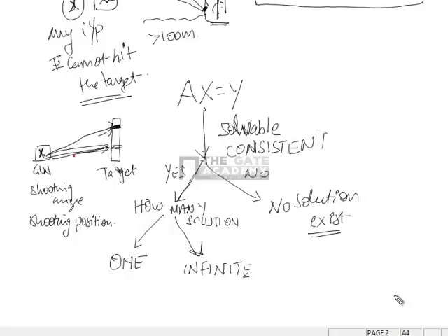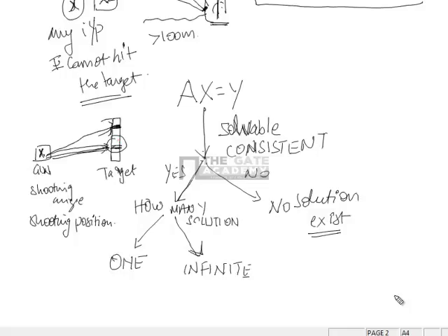I can stand and shoot with zero angle, or I can bend my body and shoot and still hit that point by making a 20 degree angle, or I can jump and shoot down and still reach the same point. Different ways are possible to reach this point. That is the nature of this point.